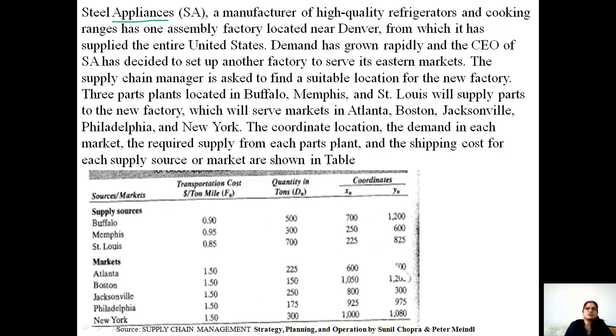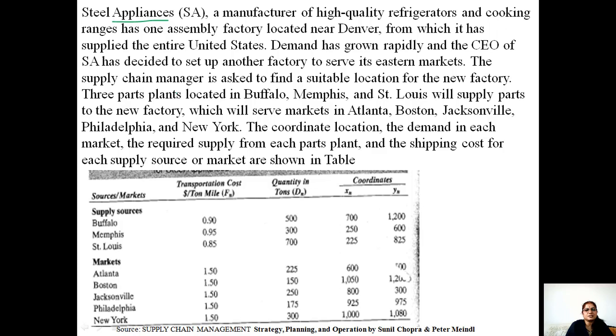But with the passage of time, demand has grown rapidly, and the CEO has decided to set up another factory to serve its eastern markets. The supply chain manager is asked to find a suitable location for the new factory.